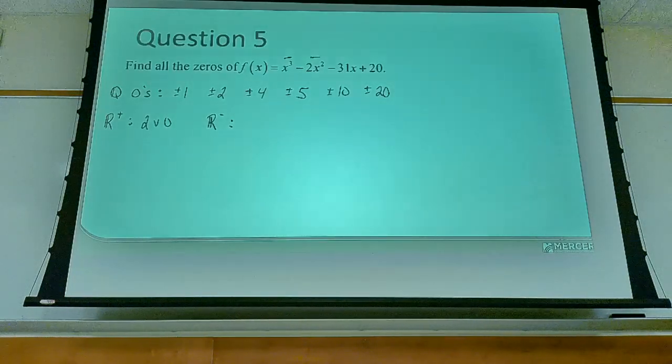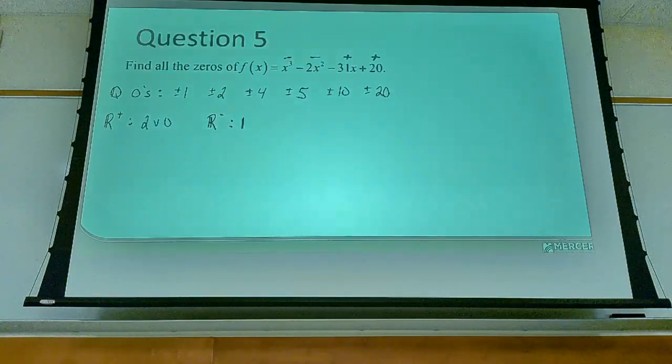And you can't do 0 because 0 is not less than 1 by an even number. We have 2 positive, we have to have 1 negative, which would leave us with no complex.